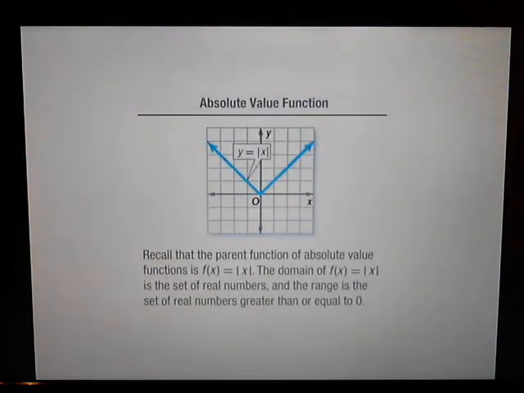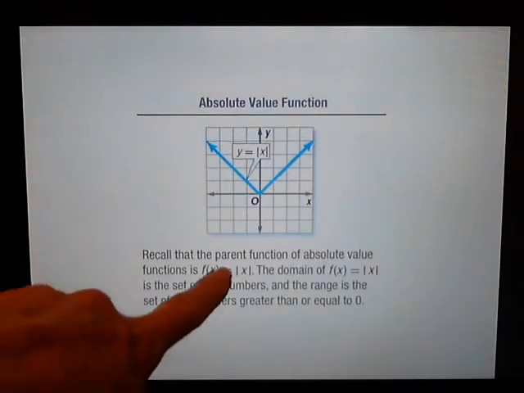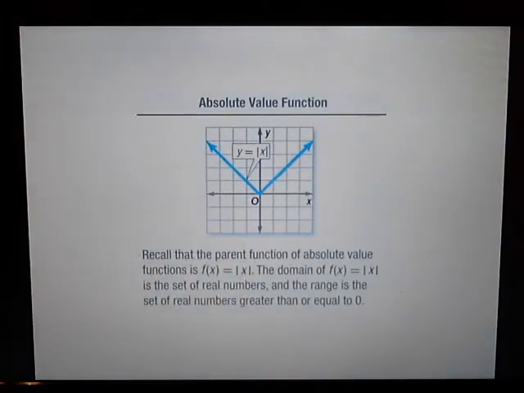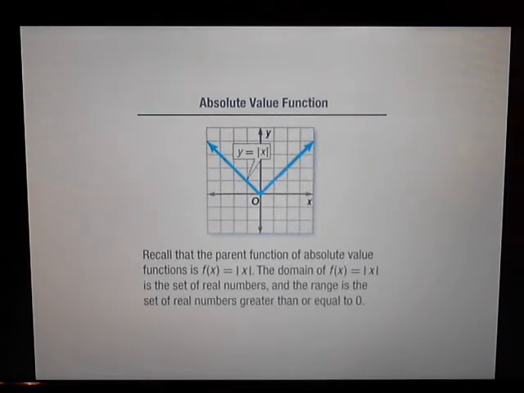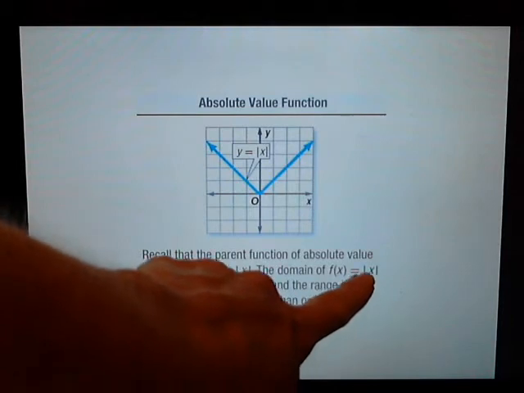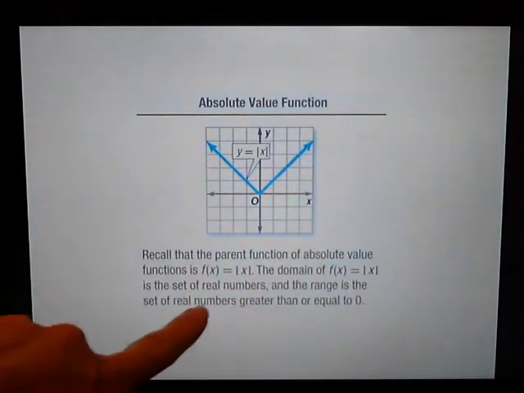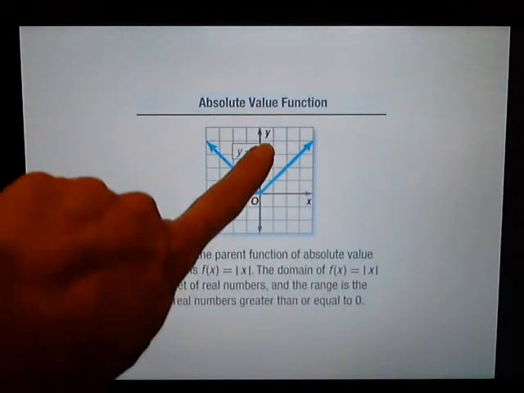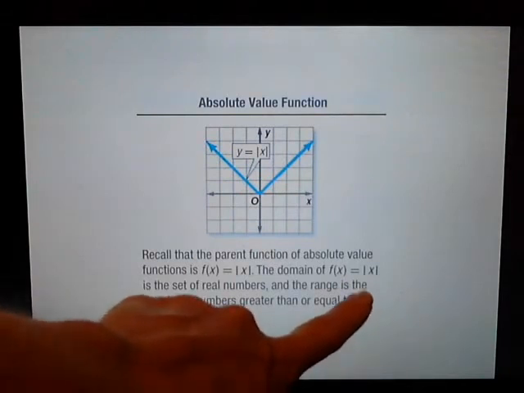What we're most concerned with are the absolute value functions. Their parent function is f of x equals the absolute value of x, and you're going to see another form of this function. This gives you the domain of the absolute value function, the parent. It's the set of real numbers, and the range for the parent function is greater than or equal to 0.